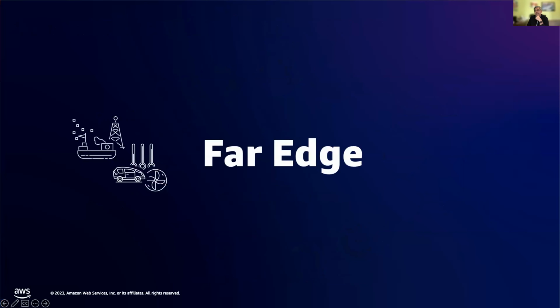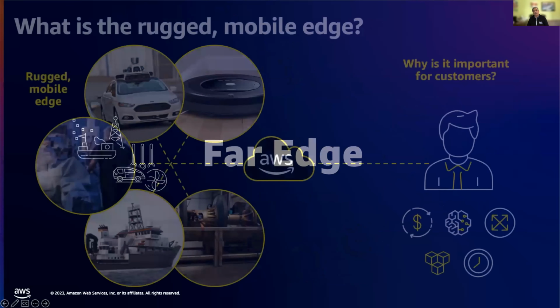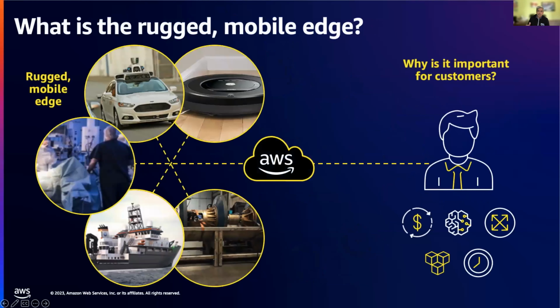Coming to the far edge. So what is far edge? You're talking about data coming from self-driving cars, or collecting data from ships out in the ocean, or from manufacturing floors, or even your iRobot or Roomba, things like that, where you collect your data from.